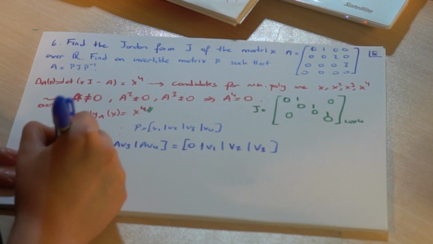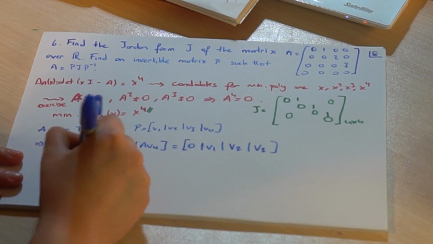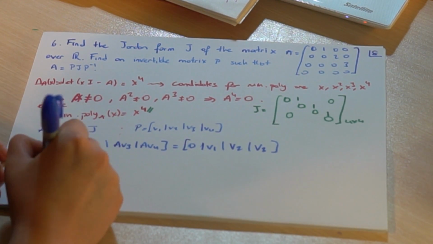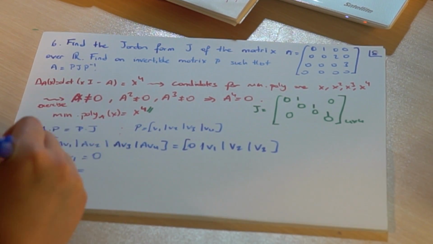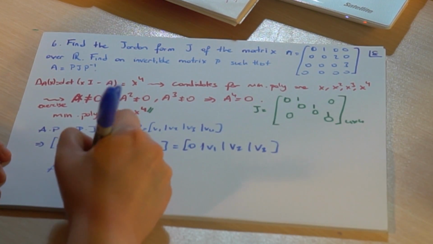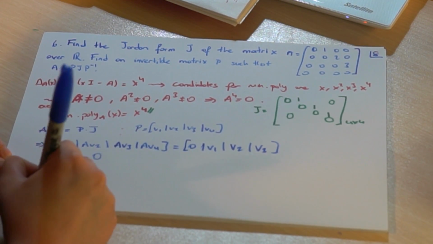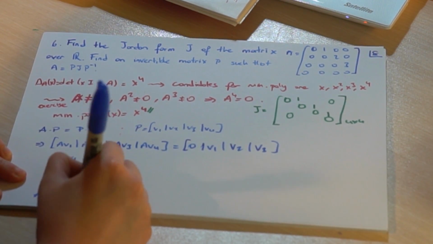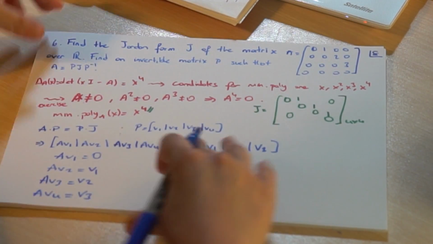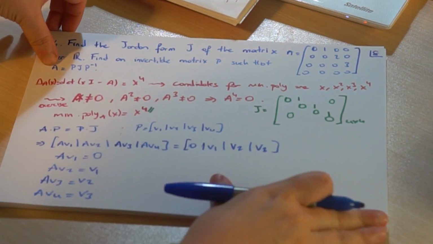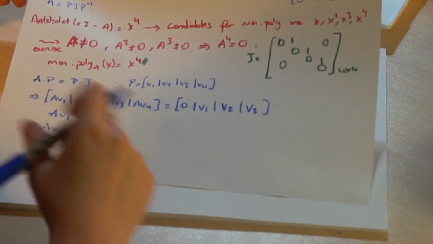So we need to solve the equalities AV1 is equal to 0, A of V2 will be equal to V1, A of V3 will be equal to V2, and A of V4 will be equal to V3. We need to solve these 4 systems.